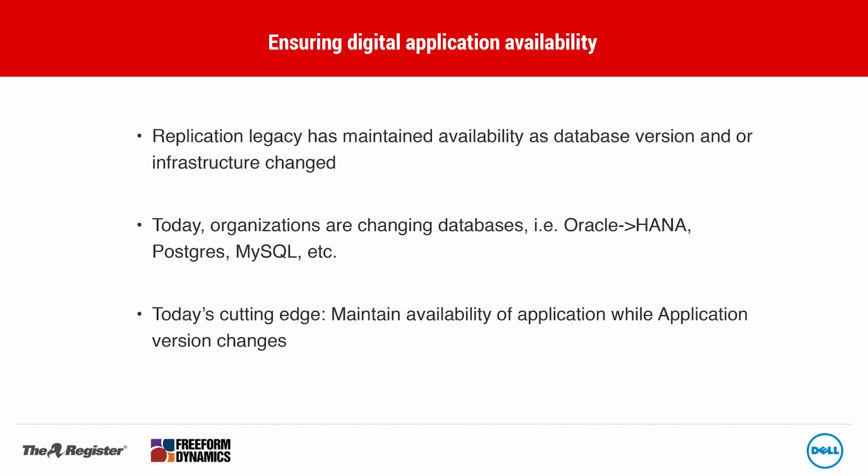And what's going to happen is we're going to see hundreds of thousands of organizations switching their database technologies, not just what the database is, but where it's running. And the alternatives are enormous. So we're going to see this mass movement of hundreds of thousands of people going from Oracle to HANA. We're going to see adoption of Postgres and MySQL, particularly with some of the compatibility that exists today with these technologies.